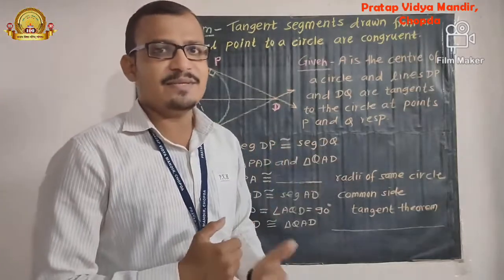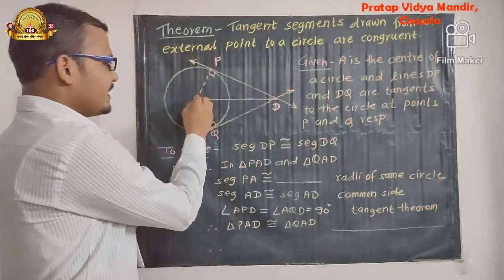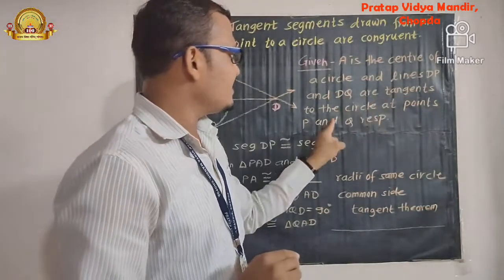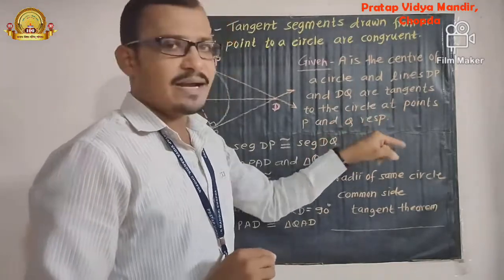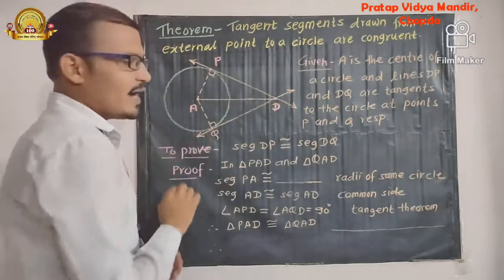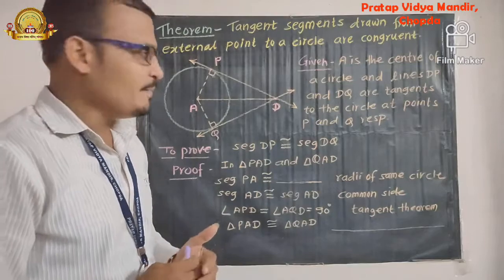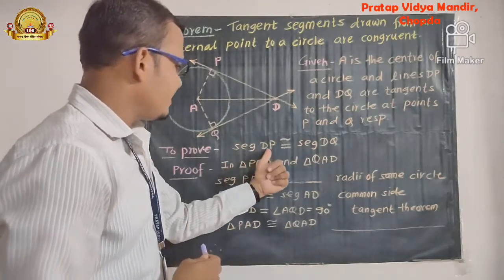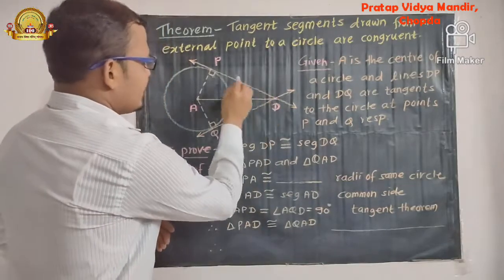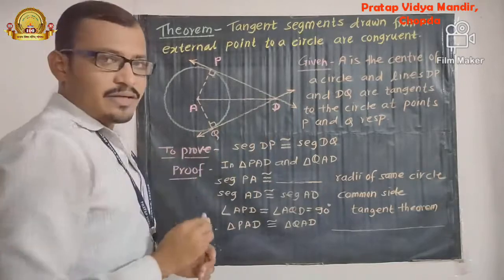To prove this theorem, here we have given that A is the center of circle, and lines DP and DQ are tangents to the circle at points P and Q respectively. We have to prove that segment DP is congruent to segment DQ.